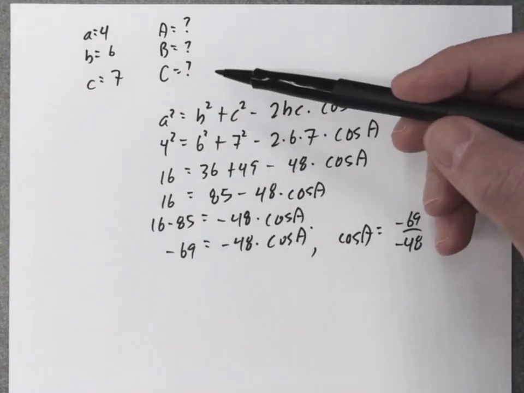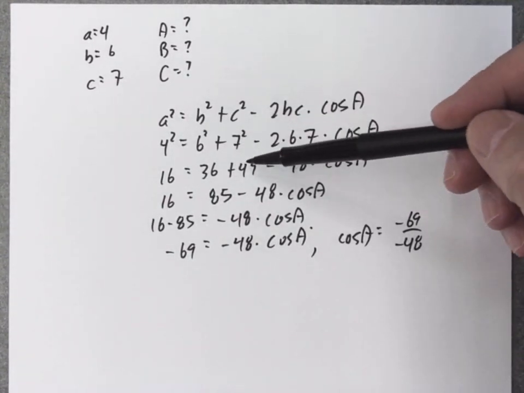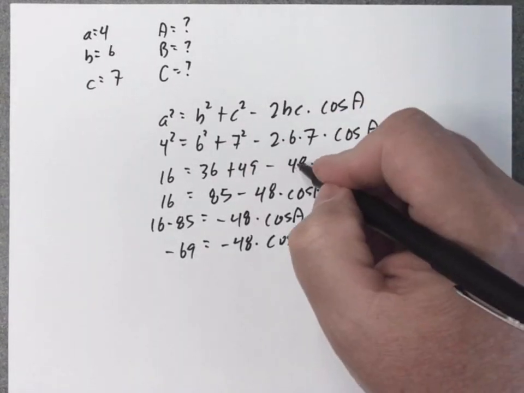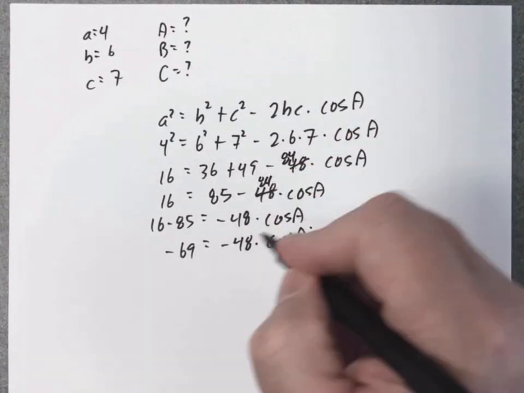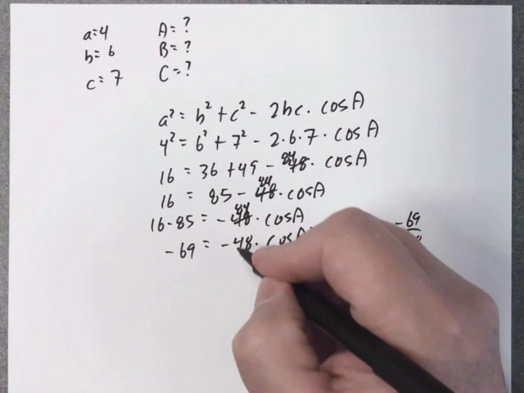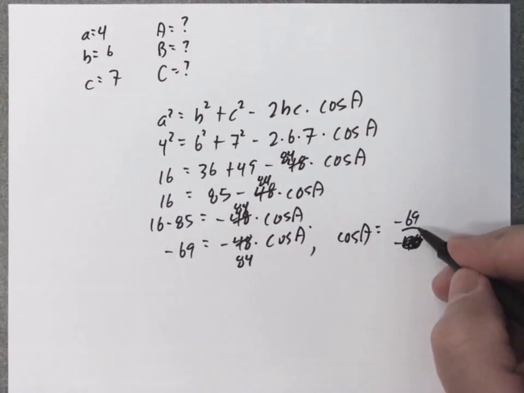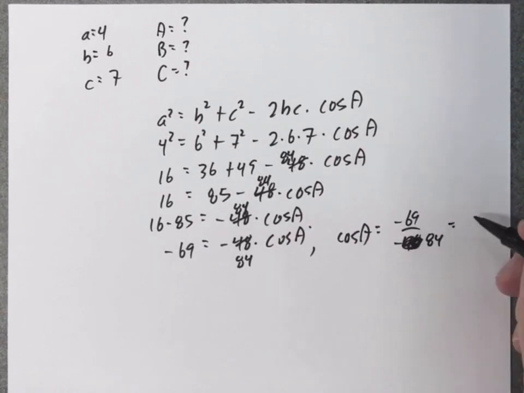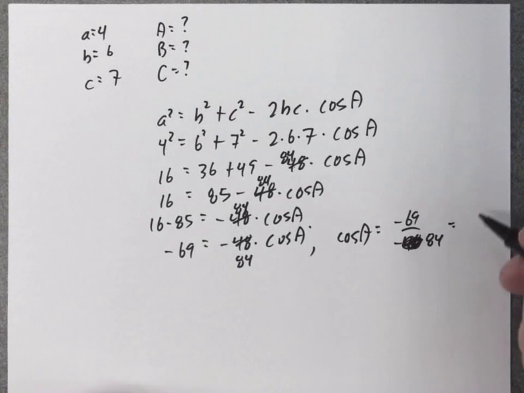I'm worried about my numbers. See, I wrote 48, and I think I said 84. Wow. I actually knew this could not be correct. So two negatives cancel. 69 divided by 84 is .821.